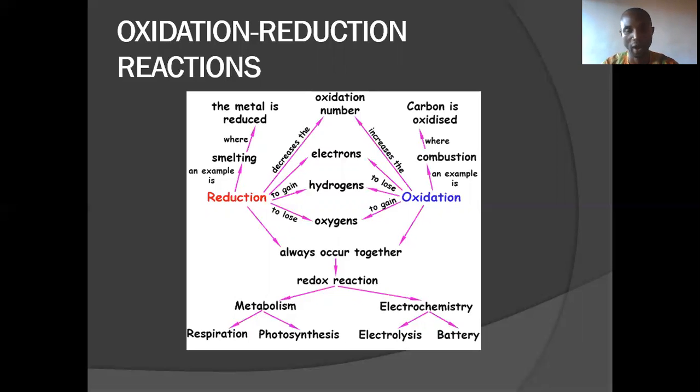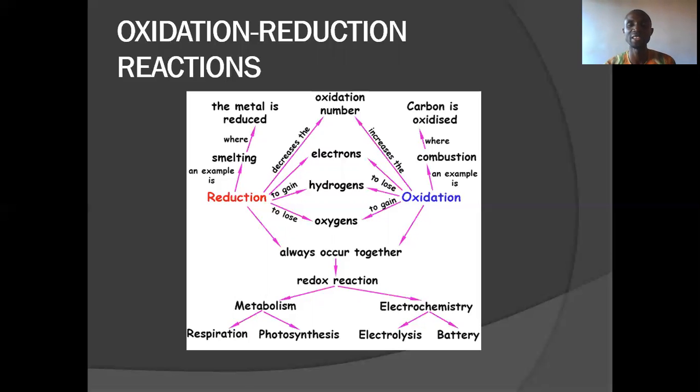Now, if you want to define oxidation or reduction in terms of hydrogen, it is the opposite of exchange of oxygen. Oxidation has to do with removal of hydrogen, while reduction is an addition. Addition of hydrogen is to gain hydrogen, while oxidation is to lose hydrogen.